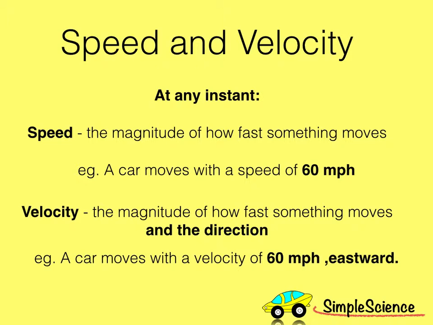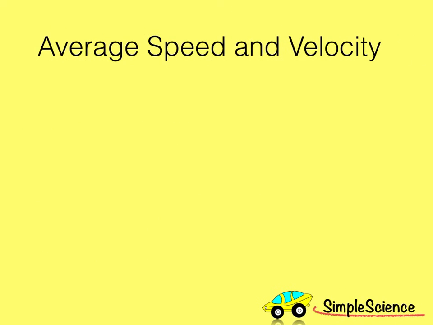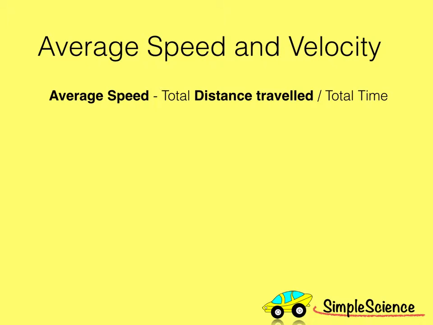Another concept we need to grasp is average speed and velocity. Average speed and velocity are different from instantaneous speed and velocity in that average speed looks at the entire journey, whilst instantaneous velocity and speed only consider the speed and velocity at a certain point in time.